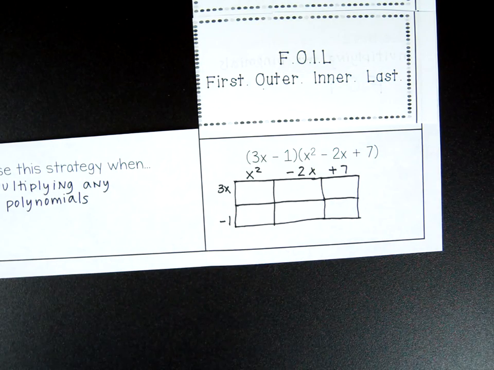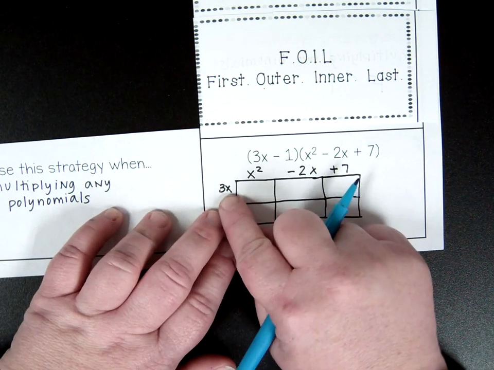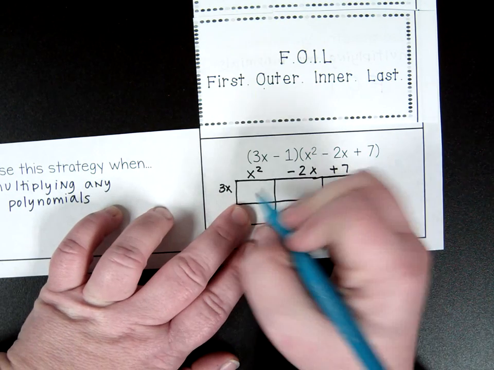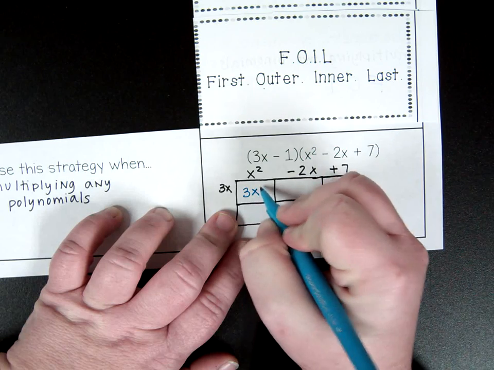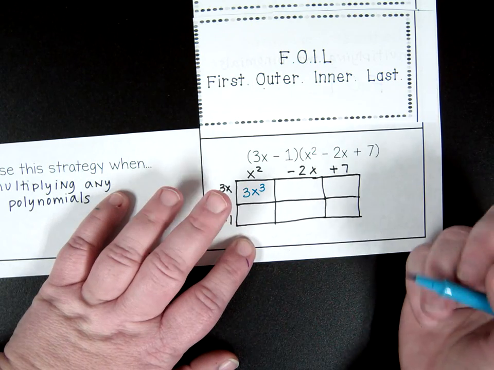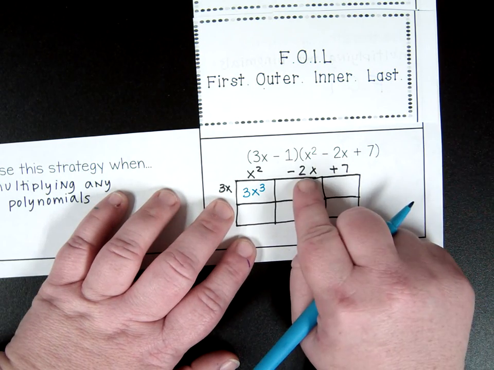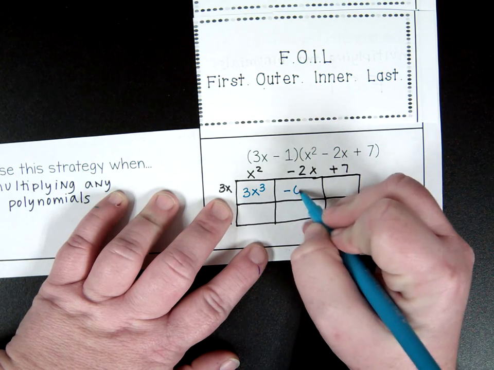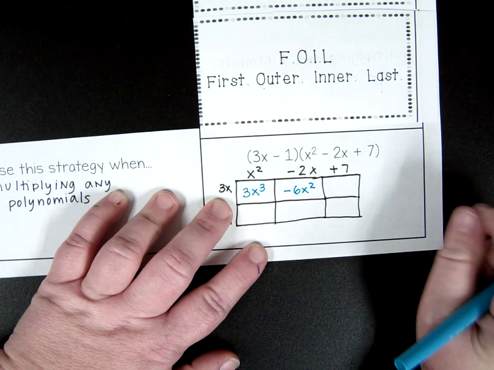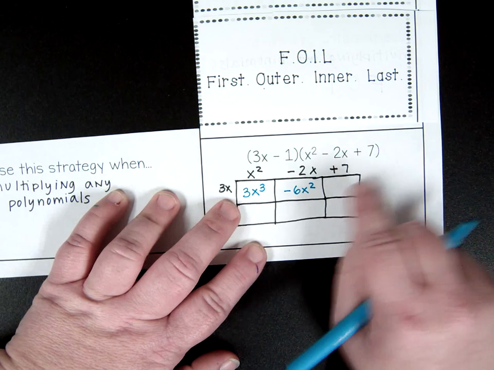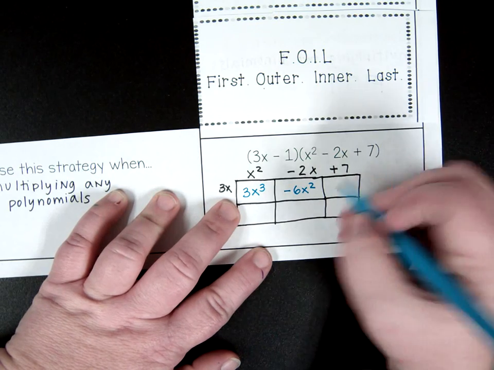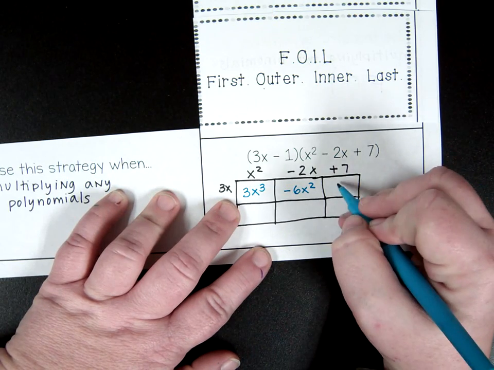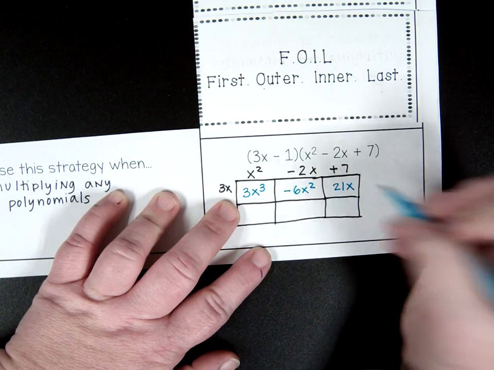So now I just need to multiply the boxes, like you did in elementary school. So 3x times x would go in this box, and that would give me 3x to the third. 3x times negative 2x would go in this box, and that would give me negative 6x squared. And then 3x times 7 would go in this box, and that would be 21x.